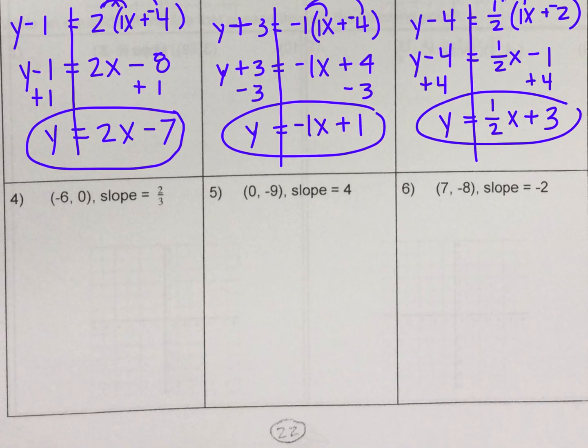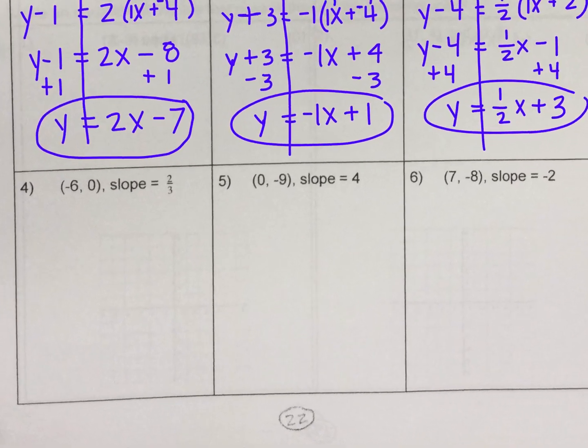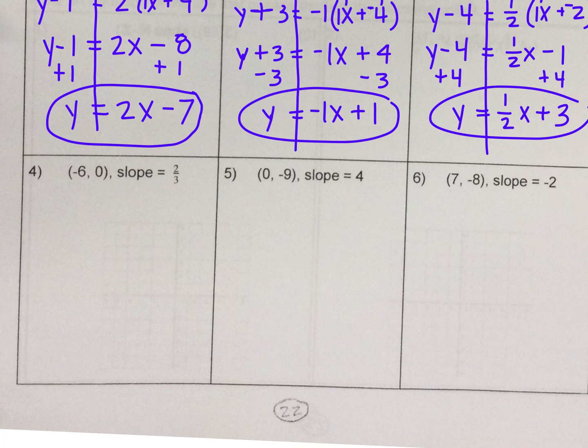We're going to do 3 more together. x1, y1, and the m. y minus y1 is a 0 equals m is 2/3 times (x minus -6).